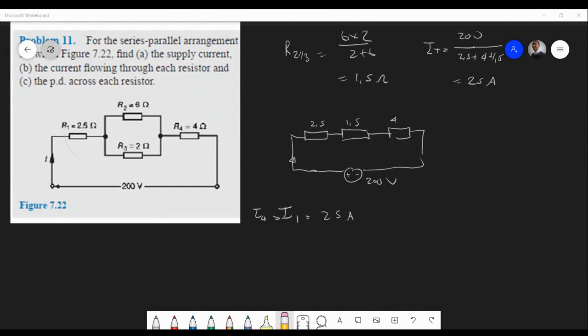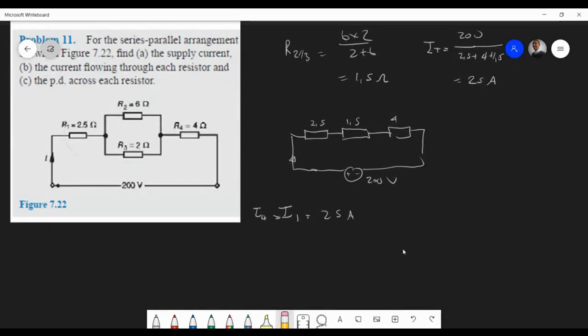Fantastic, right? So now we're going to use our new tricks. So now we know this 1.5 is actually a 6 and a 2, and that's in parallel, right? So now we can use current division.